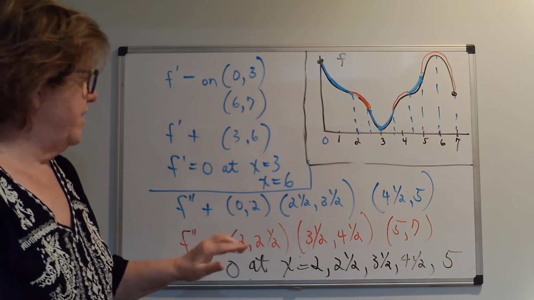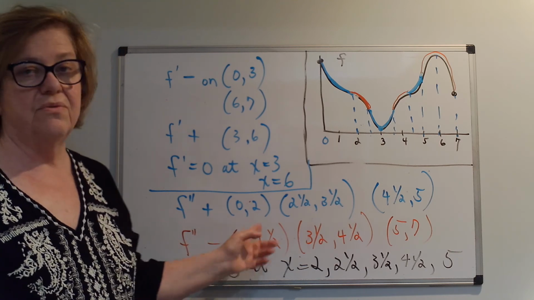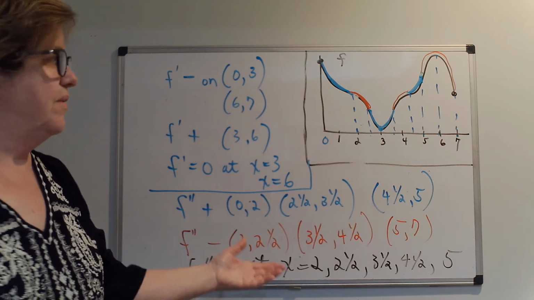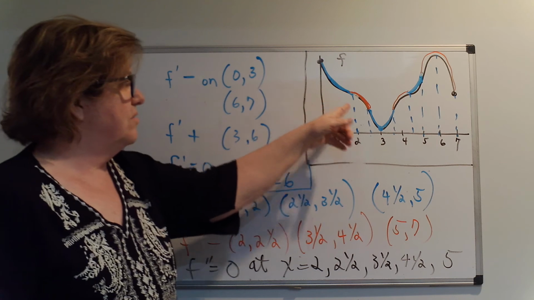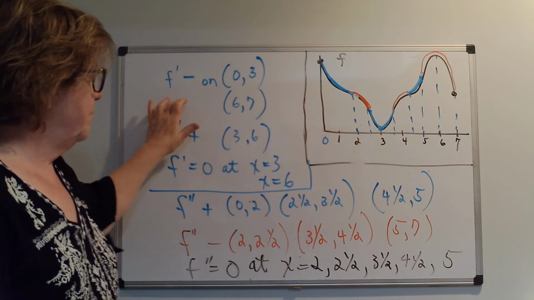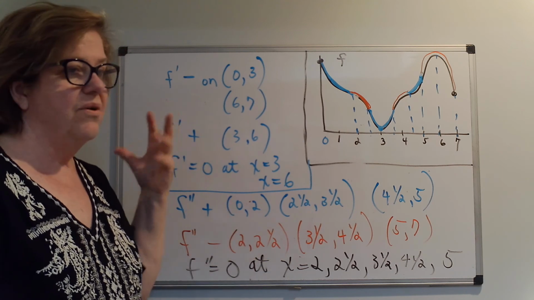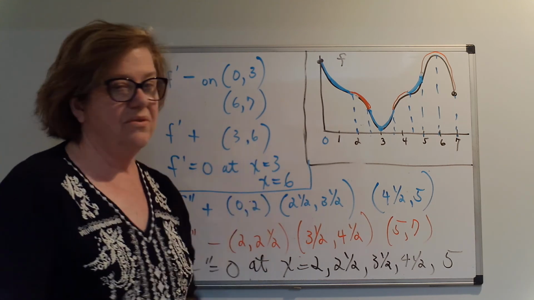And where it has an inflection point, where it changes from concave up to concave down or concave down to concave up, the second derivative is 0 there. Where it has a local max or min, the first derivative will be 0 there.